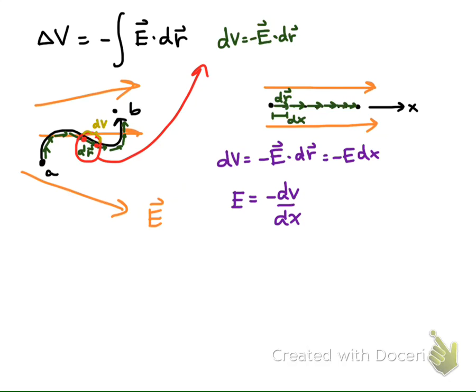This is the expression that if we know the electric potential, in this case, if E points along the x-axis like this, and if we know the electric potential at any point on this line, we can get the value of the electric field from the negative of the first derivative of the electric potential with respect to x.